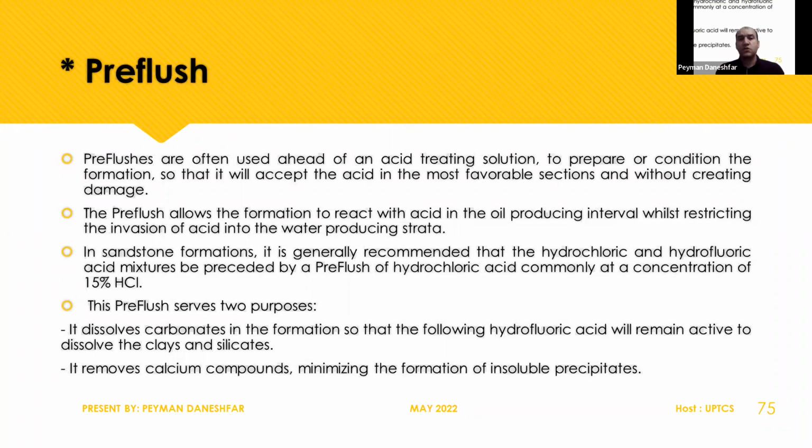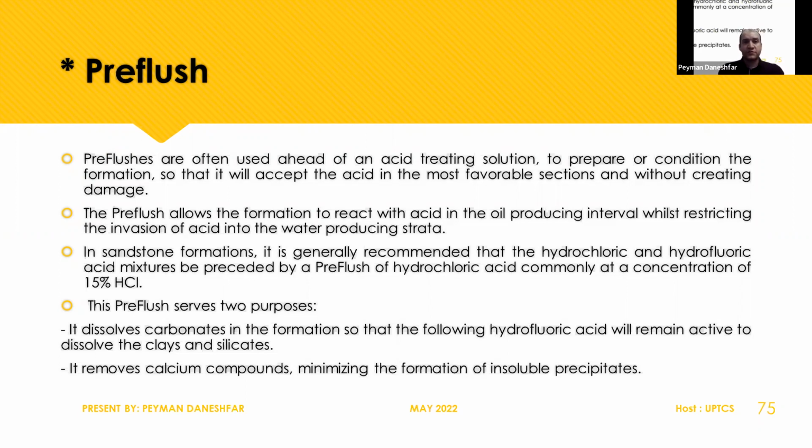We can use an acid type of pre-flush, and we can use a non-acid type of pre-flush. It depends on you, your formation, what your client asks, and anything that you think is good.